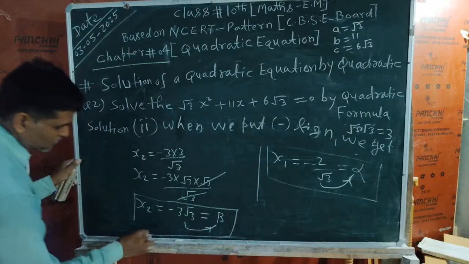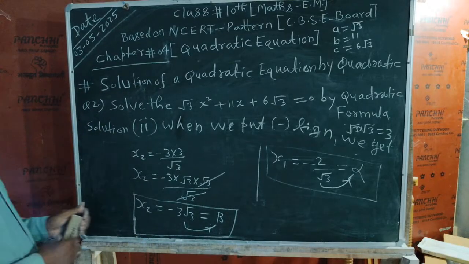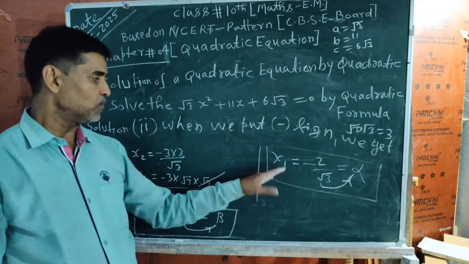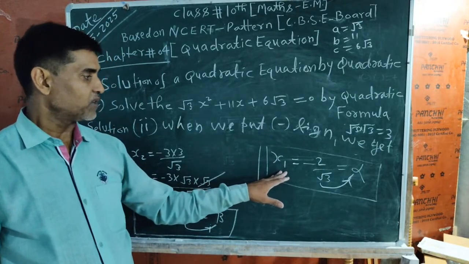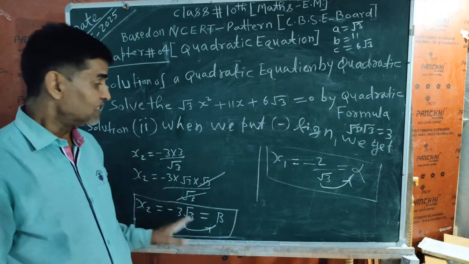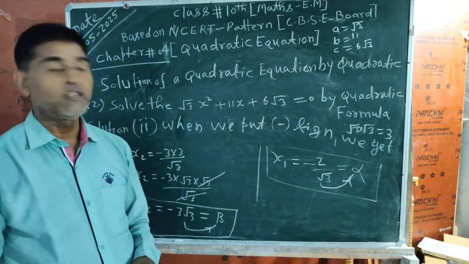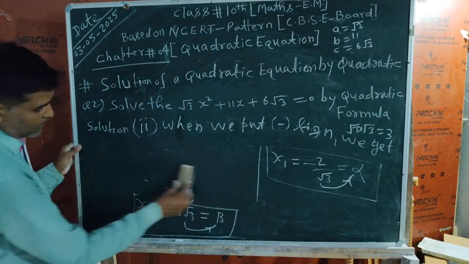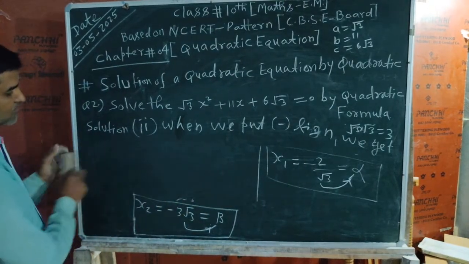Okay, students. So in this way, the solution of the given quadratic equation I can solve. Now I am going to write in one place, and after writing in one place, I will say these are the roots of the given quadratic equation. Okay, student. So further I am going to combine. After combining, I will write its answer.